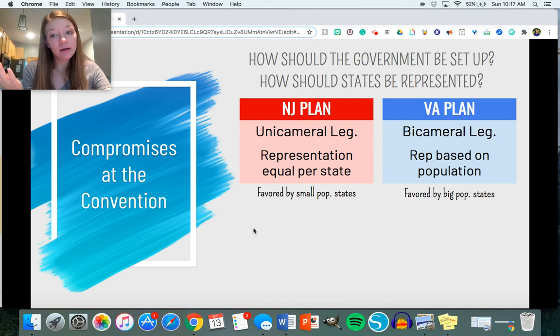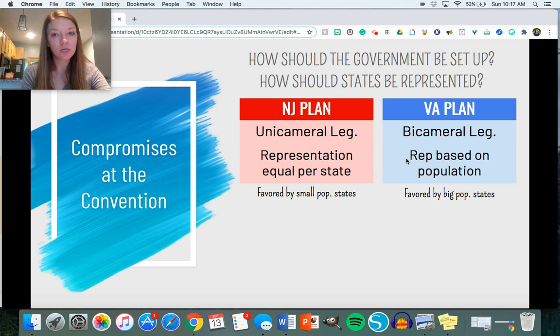On the flip side, the Virginia plan was proposed, and this proposed not a one house branch of Congress, but a bicameral legislative branch. Bi means two, so this proposed a two-house legislature. And the big piece of the Virginia plan was that the big states said, all right, no, we don't want representation equal per state.